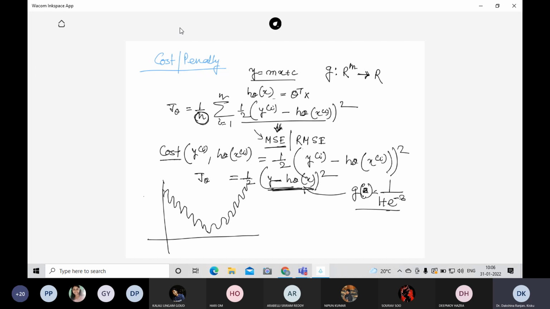In this penalty curve, we can see that we have a number of local minima.